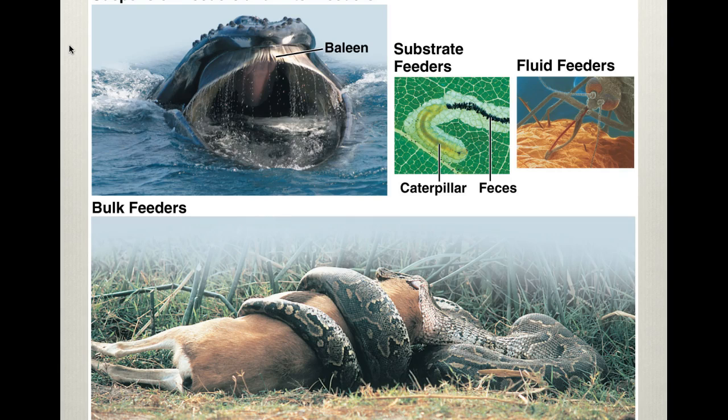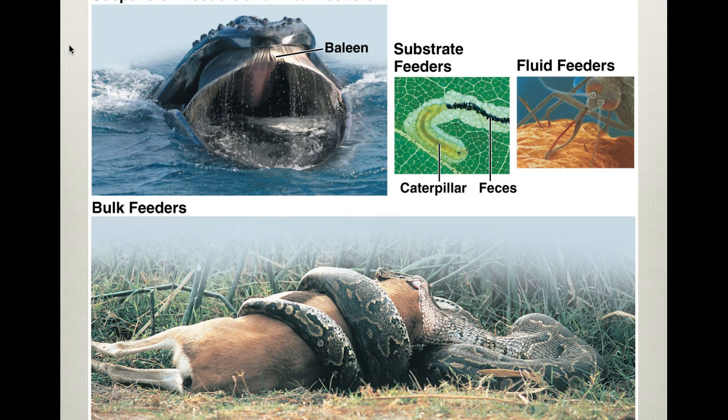Now, the other thing that I actually didn't know, because I guess I never considered it, is that when I think bulk feeder, I think pythons, but we're bulk feeders too. We do eat large meals, although not quite like the python that's pictured. But then again, we're full for a long period of time afterwards. It has to do with the quantity that we're ingesting at one time and the way in which we ingest it. So we'd be considered a bulk feeder as well.